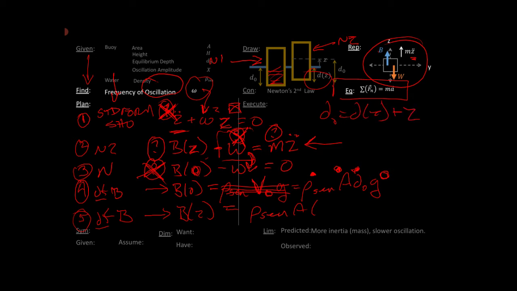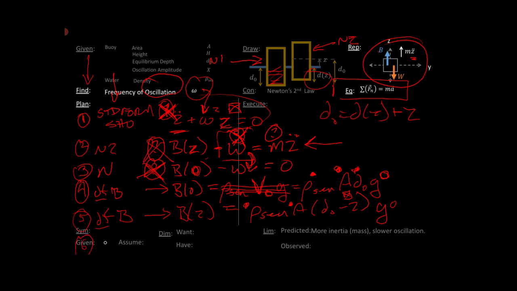So dz is d naught minus z. All right, so we've got that times g. We said that we don't have to solve for z because it's going to go away in the analogy. A and ρsea we already said we had, and nothing for that guy. So we've got the bz.